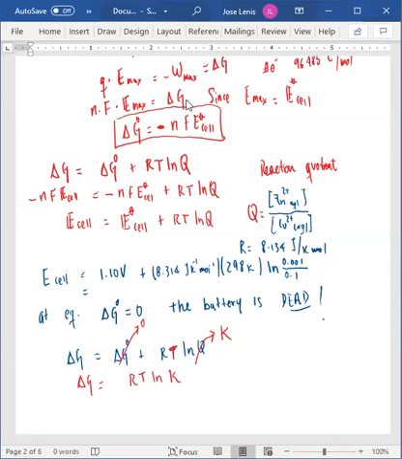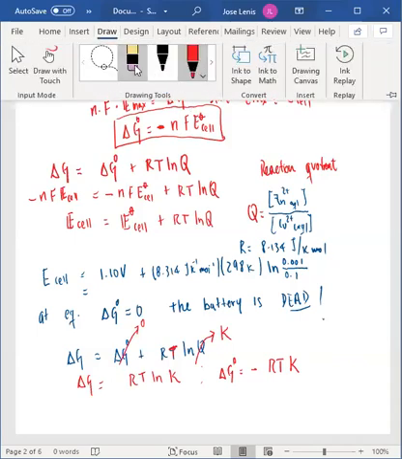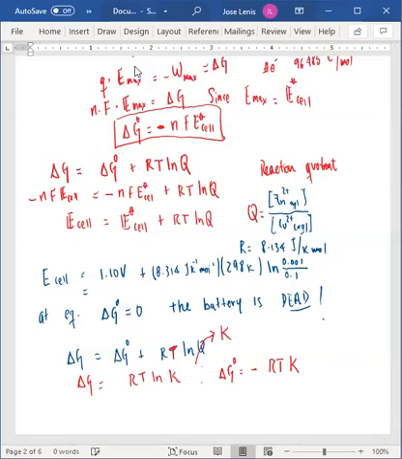So delta G standard equals negative RT, hold on, put on the wrong side.